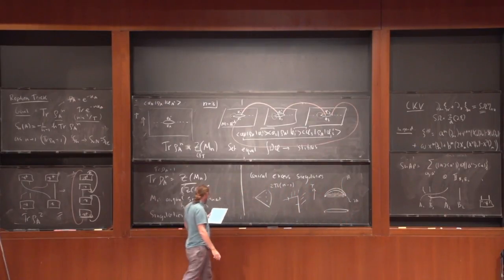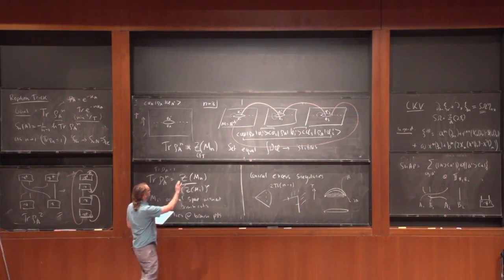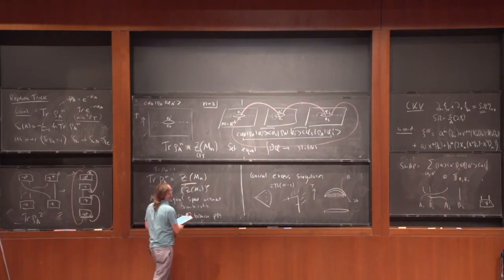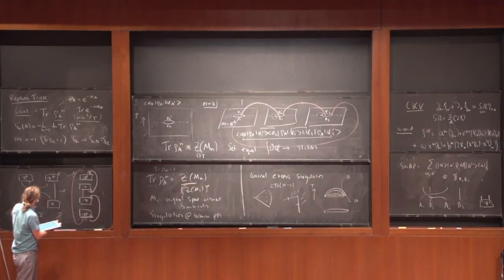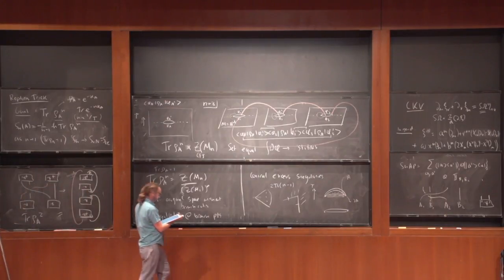Okay. So that suggests that I should think of this just like I did in the quantum mechanics example, where the answer for trace rho to some power was the expectation value of some operator in some state.